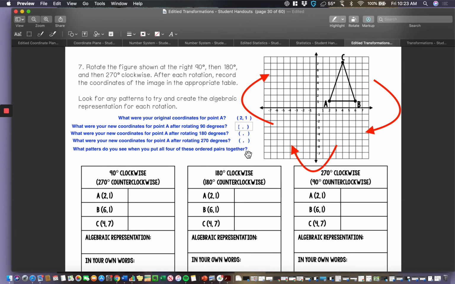After you rotate it 90 degrees, your point A is going to be 1 and -2. And when you rotate it again, your new one is going to be -2 and -1.